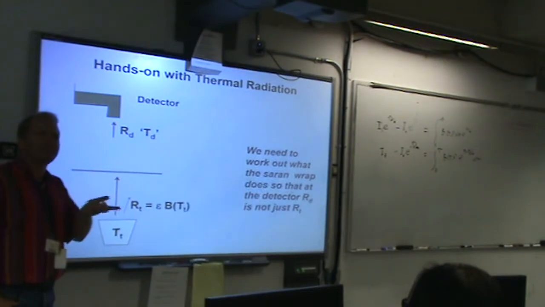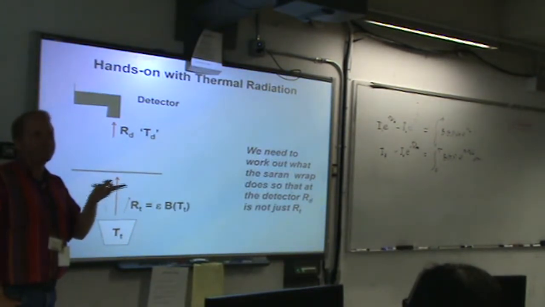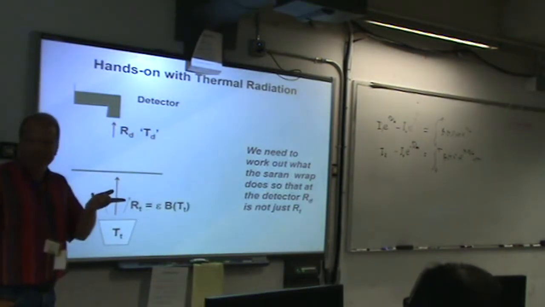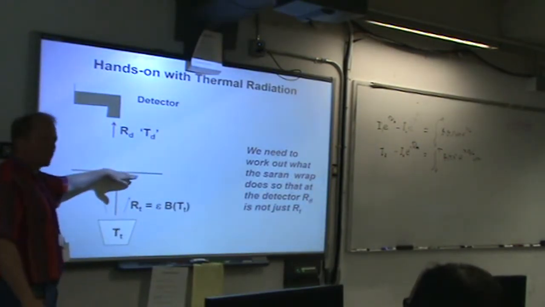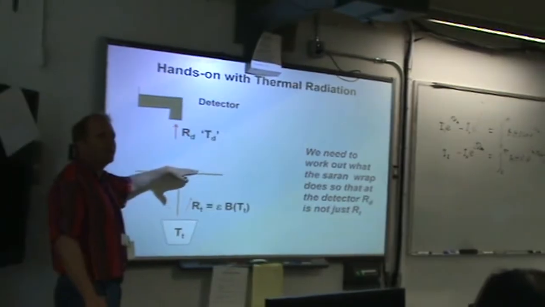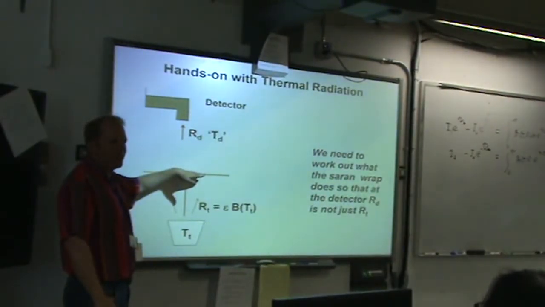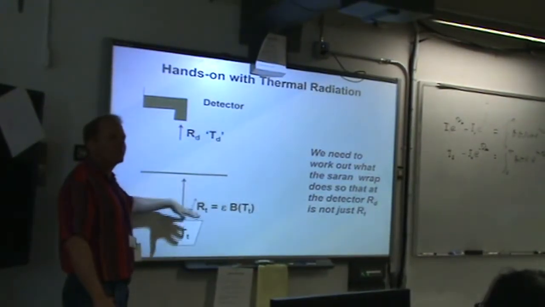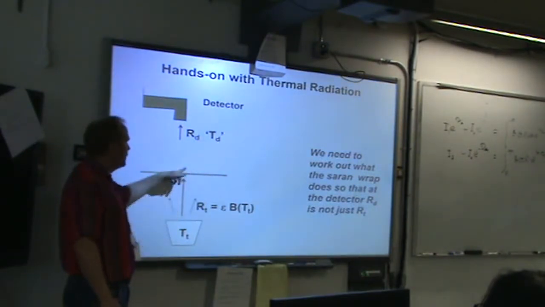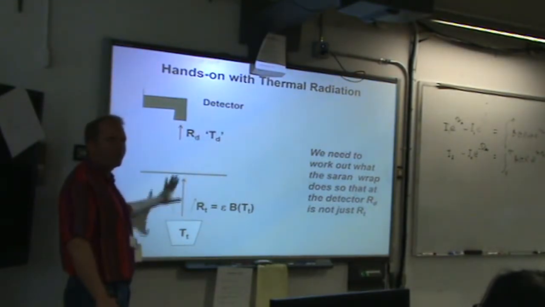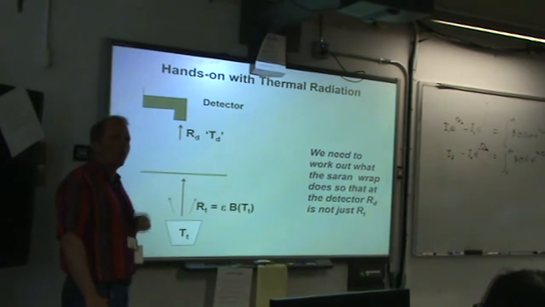Saran wrap is clear in the visible. Do you think it's clear in the infrared? Not necessarily. So the saran wrap may be absorbing some infrared, but it absorbs, what else does it do? It emits. So you're going to get a mixture of these temperatures here. You're going to have to see if you can figure out what temperatures you're going to see. Okay?